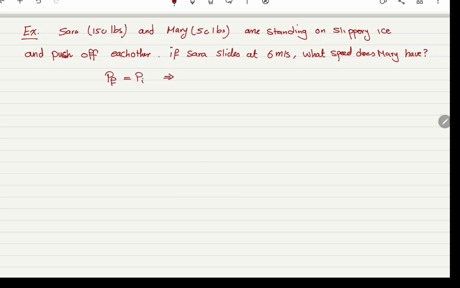In this case, the P initial equals 0 for both girls because they are initially standing. Now, the final momentum equals mass of Sarah times V of Sarah, plus mass of Mary times V of Mary.